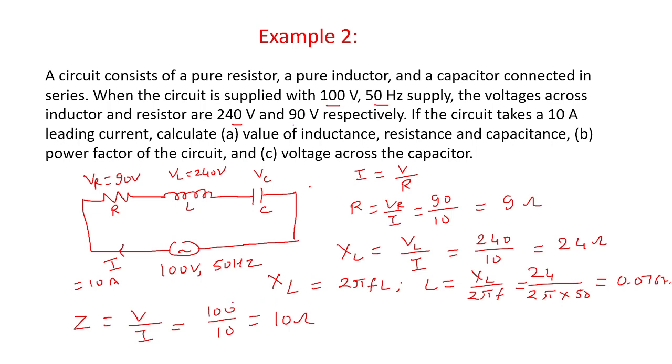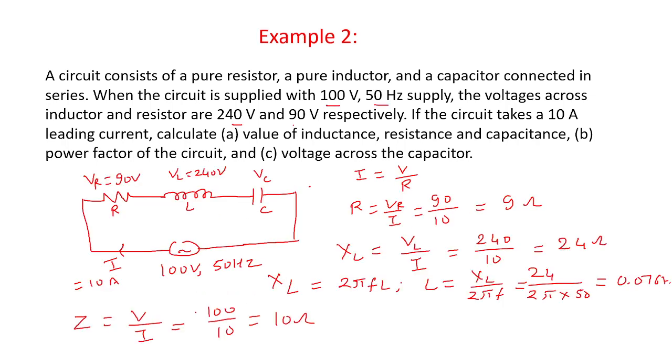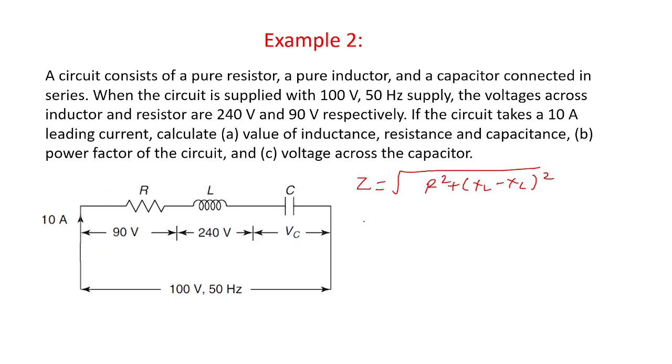Now impedance is known, resistance is known, inductance is also known. We can find the capacitance with the help of this formula. We know the formula of impedance, that is Z is equal to square root of R square plus XL minus XC whole square. We have calculated Z is 10, XL is 0.076 Henry, R is 9. So we substitute all this information.